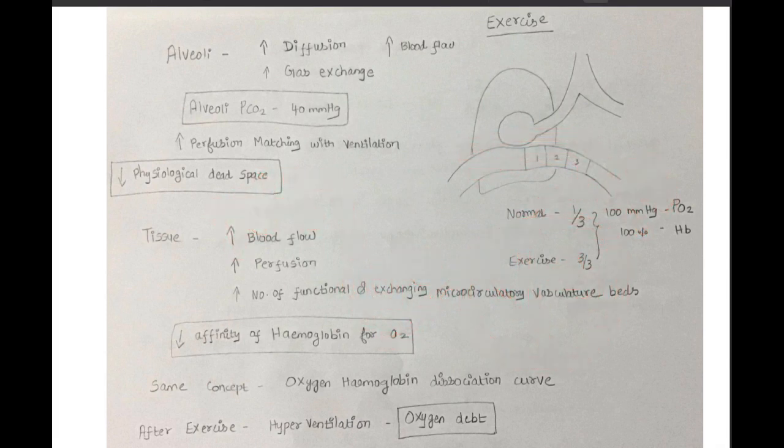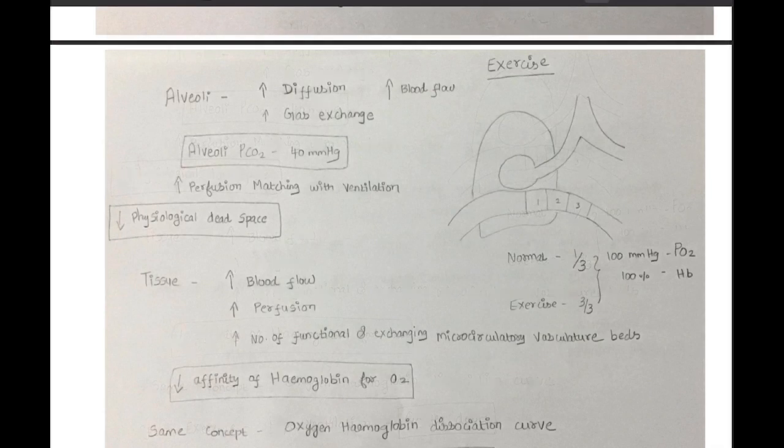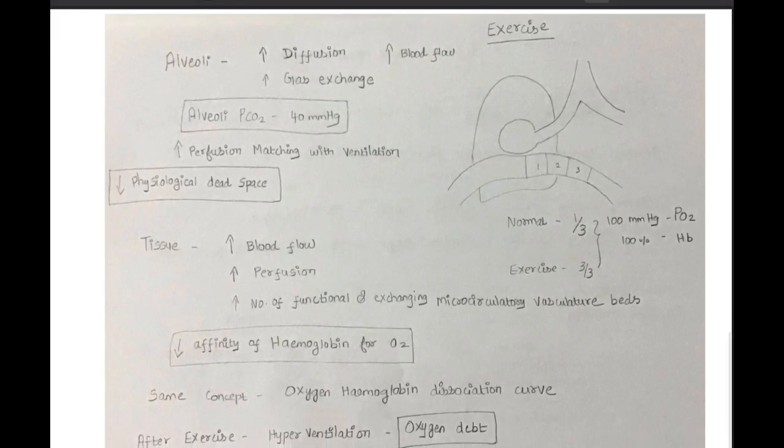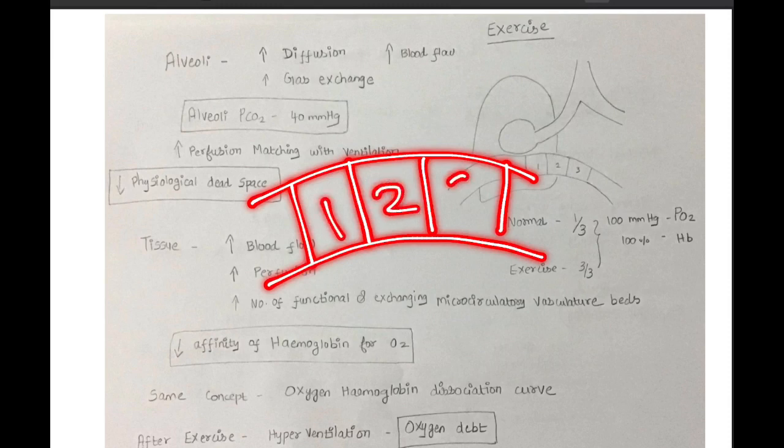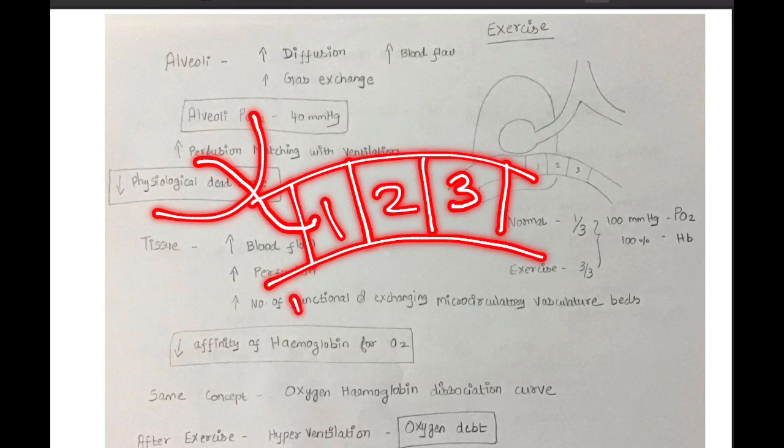So what basically this means, when I say one third of the pulmonary capillary, you divide the pulmonary capillary into 3 divisions, that is first division, second division and third division. When the blood from the alveoli flows through the first division, what is the partial pressure of oxygen? It is 100.